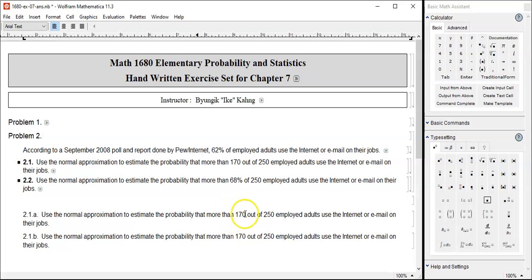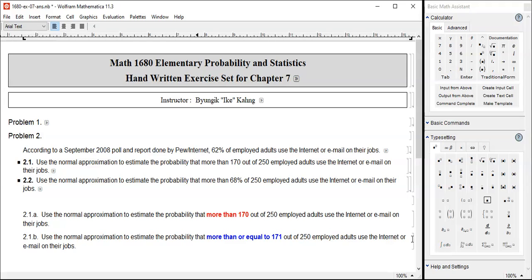Same as before, more than 170. And then here, more than or equal to 171. What's the difference between one and the other? Actually, there is none.